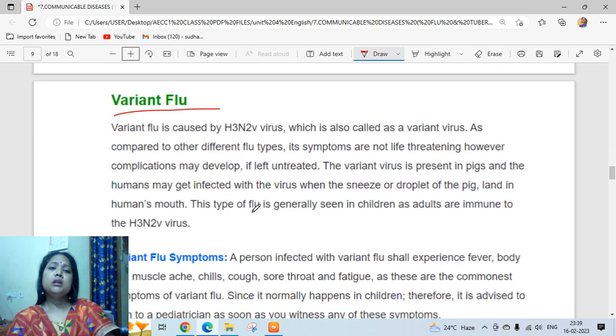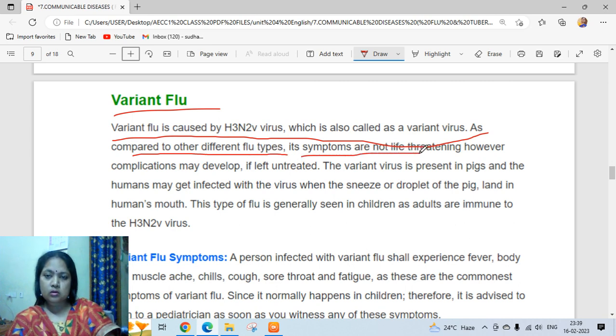Okay. Then variant flu. Variant flu is caused by the H3N2 virus, which is also called a variant virus. As compared to other flu types, its symptoms are not life-threatening. However, complications may develop if left untreated.